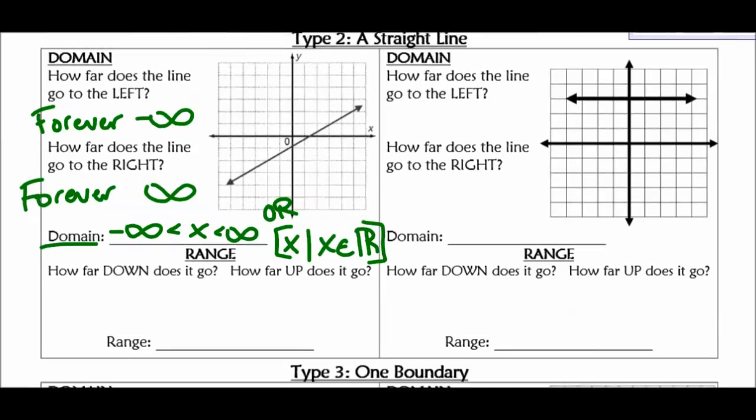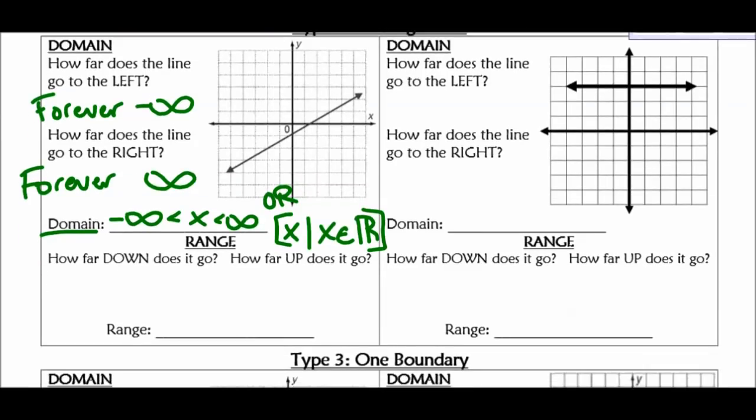When we're talking about the range, we're talking about how far down or up does it go. It's kind of the same thing. It's going down forever, and it's going up forever. But thinking of it the same way, it's going from negative infinity up to positive infinity. And I can list this in the same kind of way, except now I'm talking about the y values.